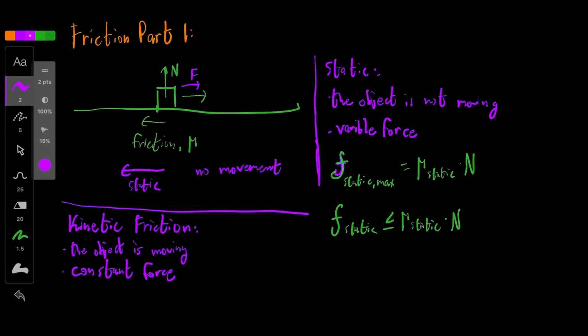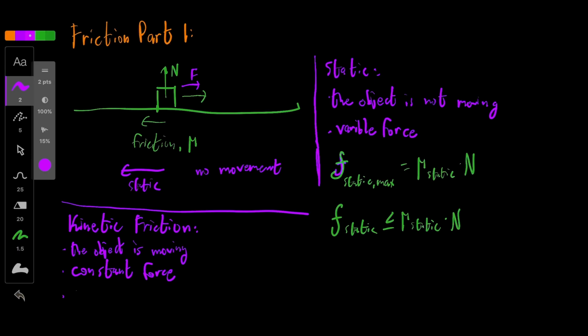It can't take on multiple values. If you know the coefficient of kinetic friction and all the variables involved, you can predict it completely with accuracy. But with static friction, it could take on multiple values depending on how much force we put onto it.